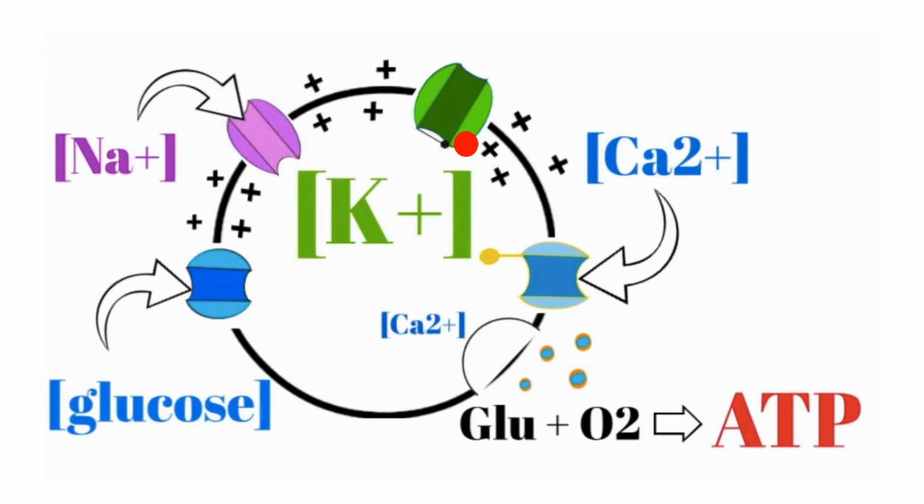Sodium keeps leaking into the cell, adding more and more positive charge, which depolarizes the cell and opens up the voltage-gated calcium channel. Calcium moves into the cell. It's going to cause calcium-induced exocytosis of insulin into the blood plasma, where it is distributed throughout the whole body. That is the release of insulin from pancreatic beta cells.